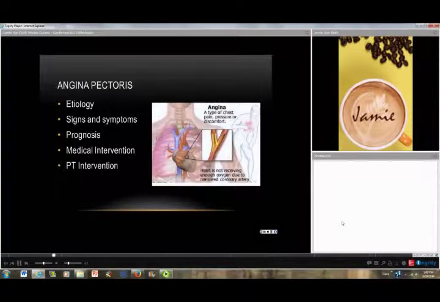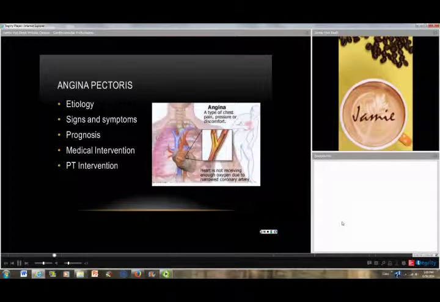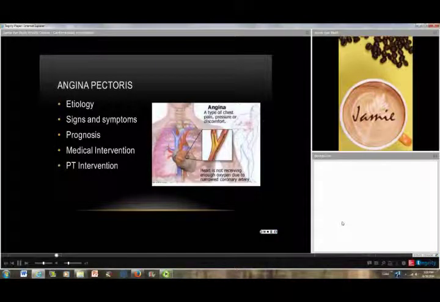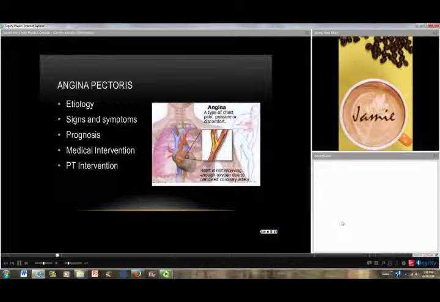I'm trying to see if there's anything else I wanted to really hit on from your book, but I think that's pretty much it. Your book talks about some emergency treatment for angina. Let the patient rest, stop activity, obviously, seat the patient in an upright position, and have the patient use the nitroglycerin if they have it.